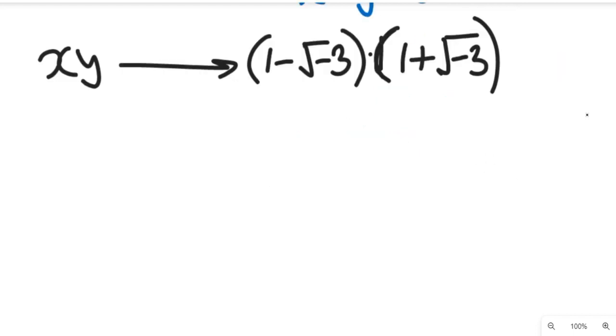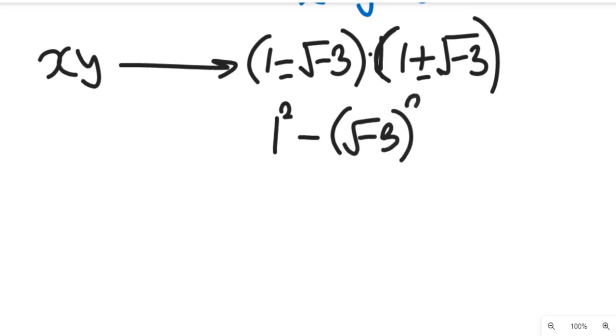Due to the negative sign and the positive sign, this is a difference of two squares. So this will give us 1 squared minus the square root of minus 3, squared. If we simplify this, we are going to get the value of x times y.